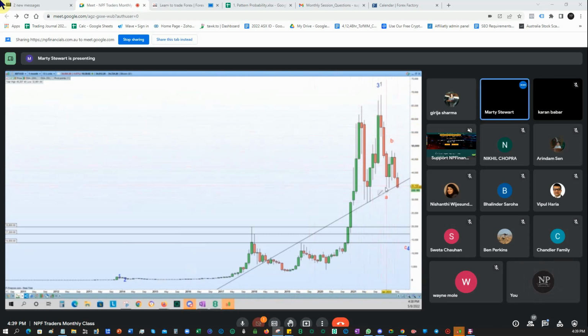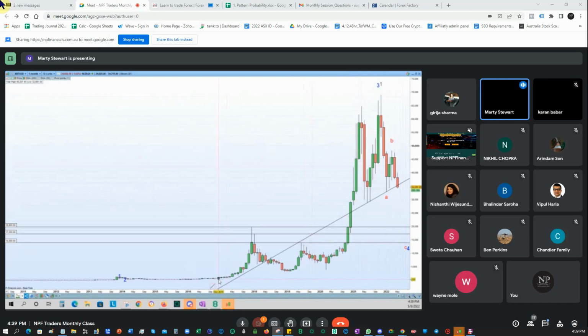So this first A wave can generally be the same length as this C wave. So that's a basic wave count without getting too involved with it. It is a way to read human behavior.